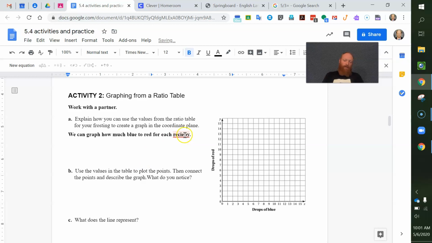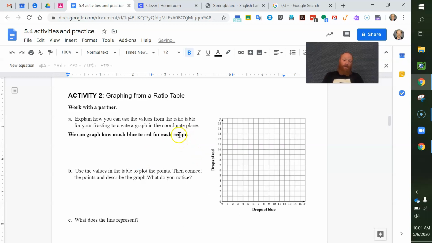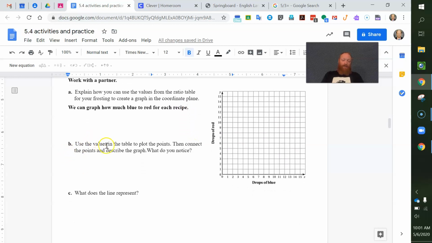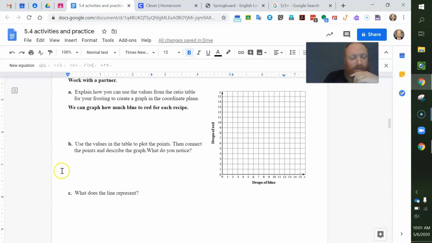That's not right, I was way off. Okay. Use the values in the table to plot the points, then connect the points and describe the graph. What do you notice? Okay, so that's what we're going to do again, but then it's going to go away as soon as I change something.